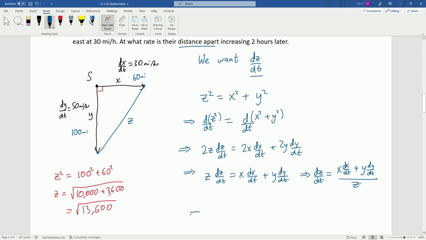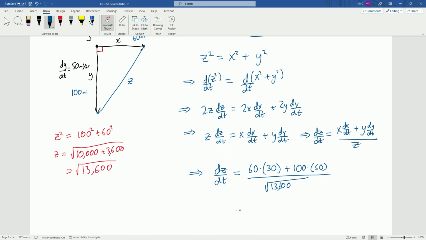So finally, to take all of this information and reach a conclusion, we see that dz/dt is x, which is 60, times dx/dt, which is 30, plus y, which is 100, times dy/dt, which is 50, all over the square root of 13,600.